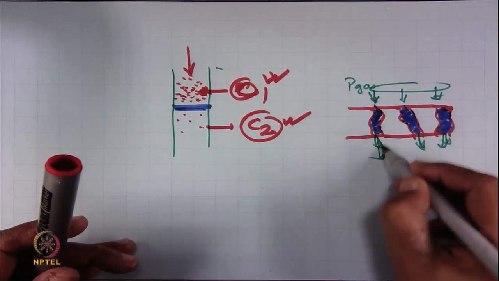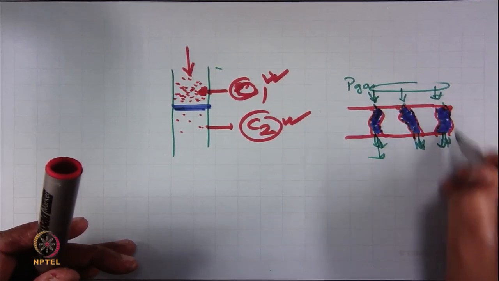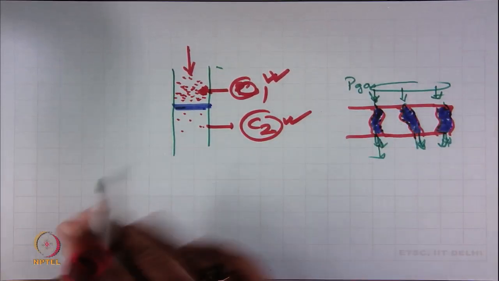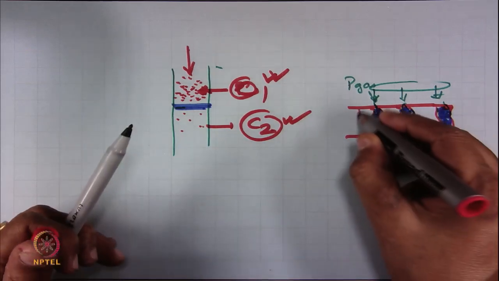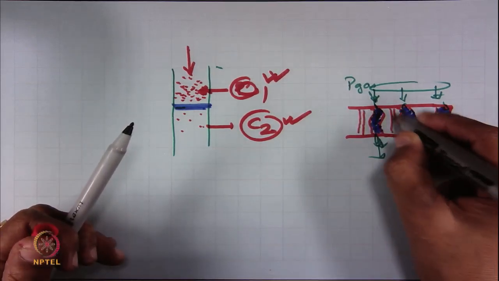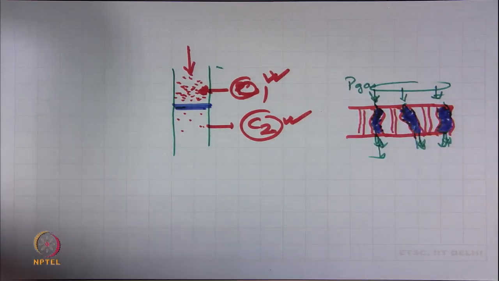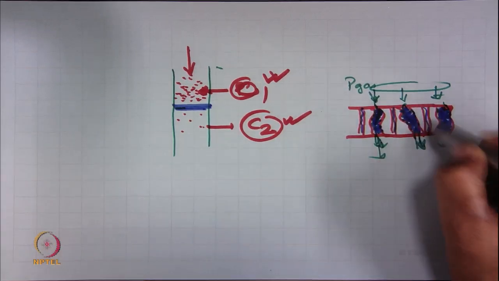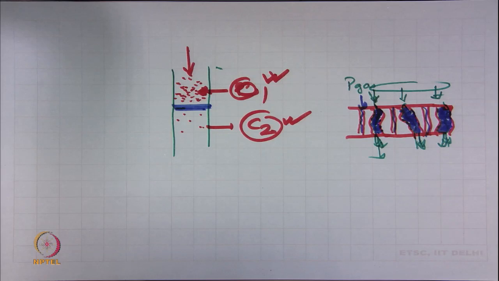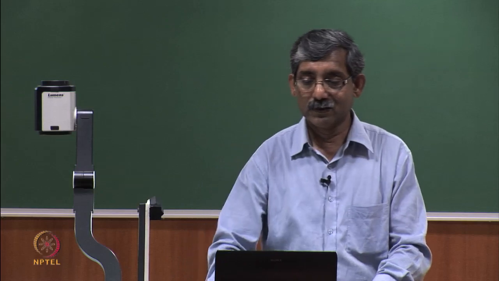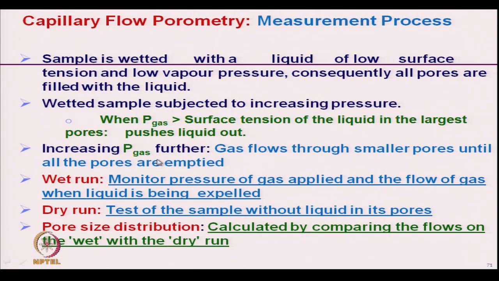So, then liquid will start flowing out and the gas will flow, and from the smaller pores the liquid will come out gradually as we increase the pressure of the gas. So, increasing P gas further, gas flows through smaller pores until all the pores are emptied.